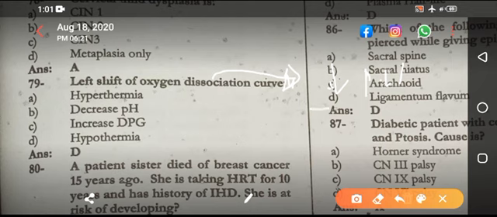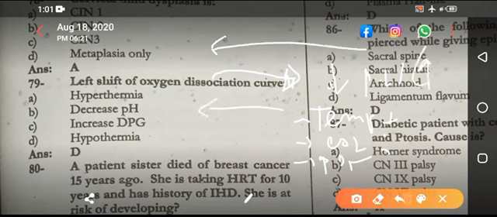All the things like temperature, right shift. Increase in CO2, right shift. Increase in the DPG, right shift. But if we are decreasing all these things, then it will cause left shift. And increase in pH would cause left shift. So over here, hypothermia is the right answer.